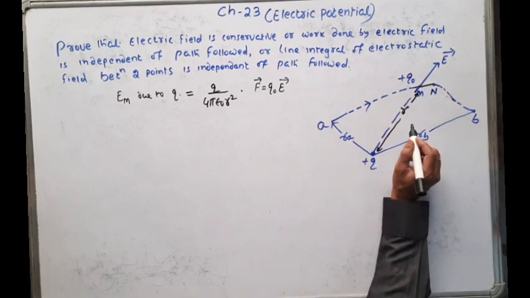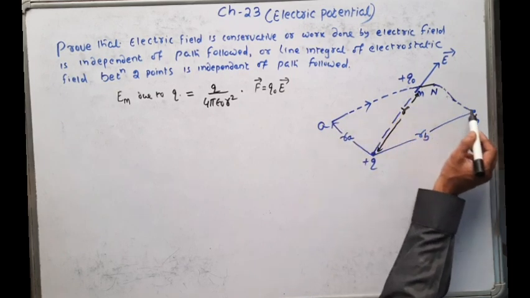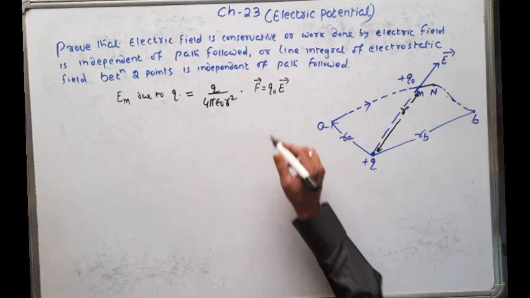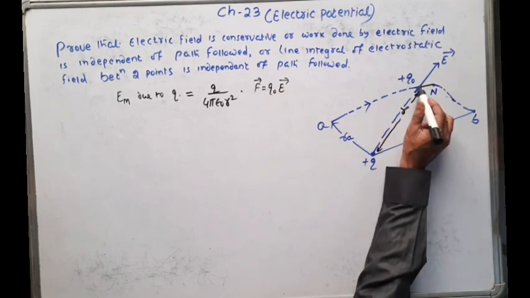But I want to take this plus q naught charge from A point to B point without acceleration. Without acceleration means the net force on this q naught must be 0.